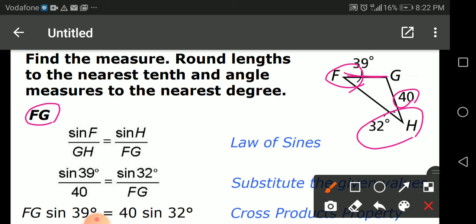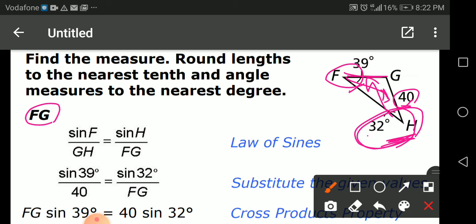So we know the sine rule: the sine of F over its opposite side 40 equals the sine of angle H over FG.